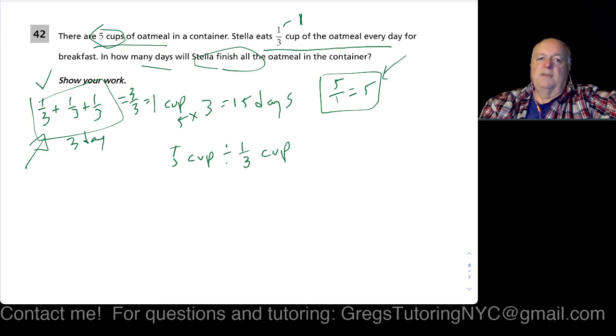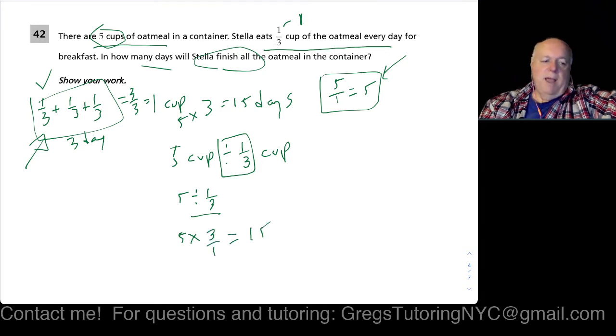So if it's 5 divided by 1, then it's 5 divided by a third. Division by a fraction is the same as multiplication by its reciprocal. And again, we get the 15 back there. So booyah.